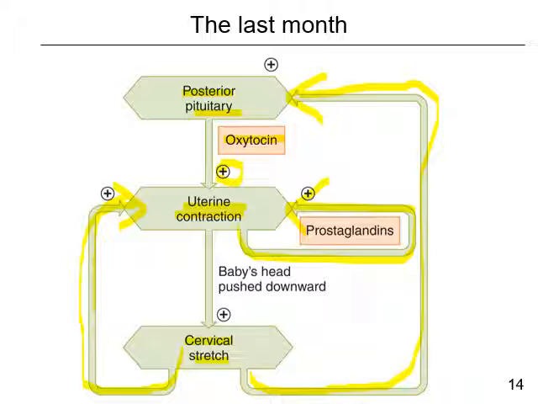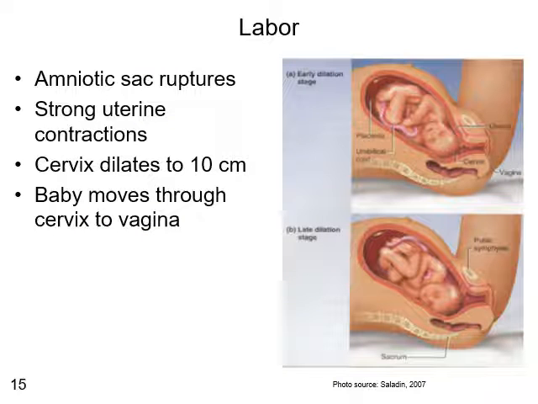So we have 3 very slow moving positive feedback cycles where increasing cervical stretch leads to increasing uterine contraction, and increasing uterine contraction then continues to signal and cause the release of oxytocin, prostaglandins, and physical stretch to trigger more and more uterine contraction until we get to labor.